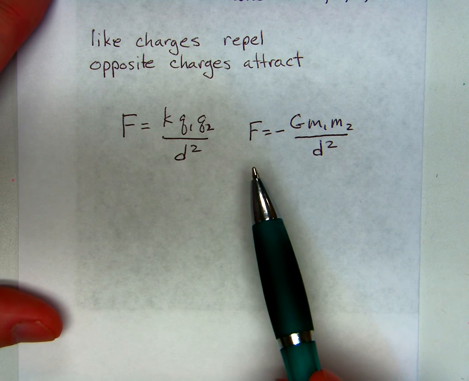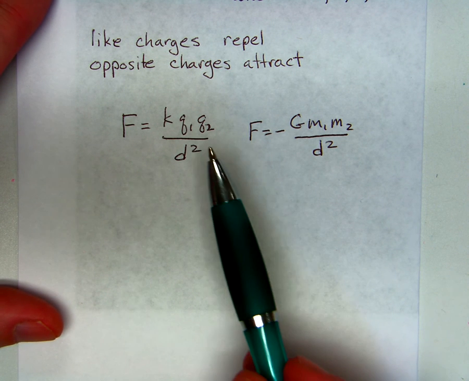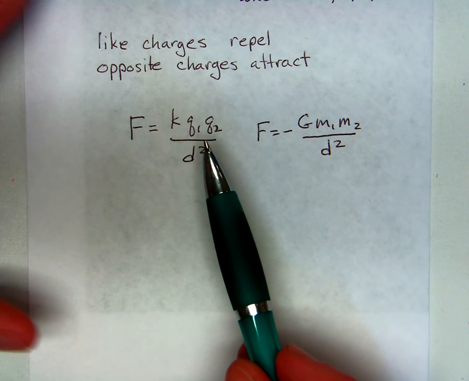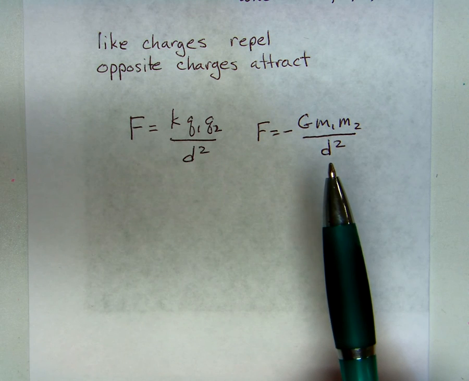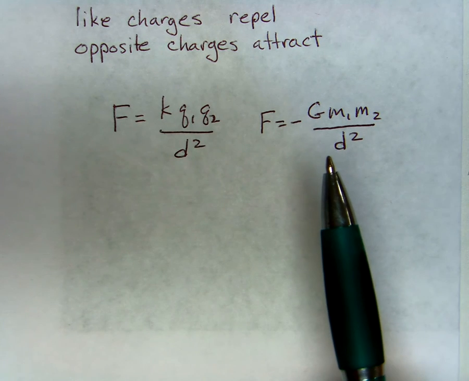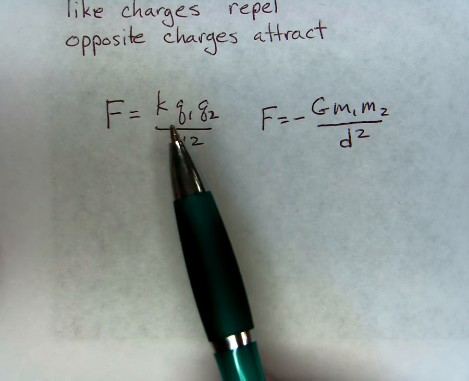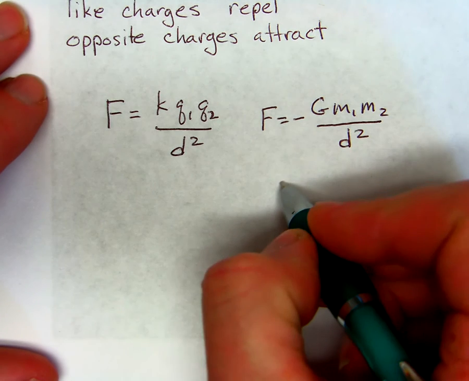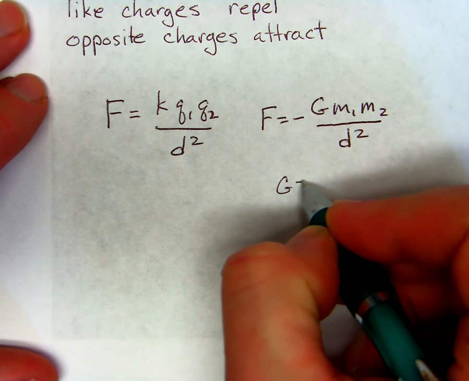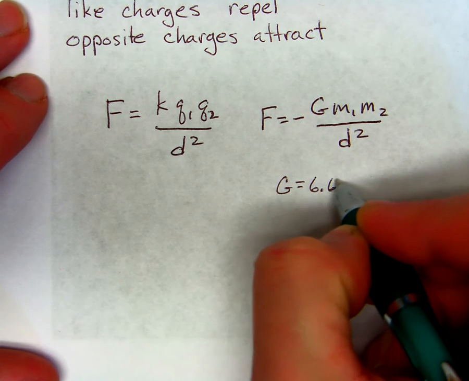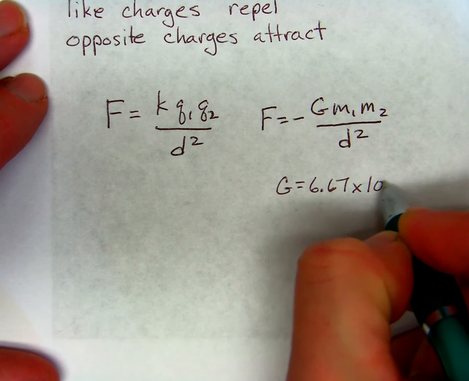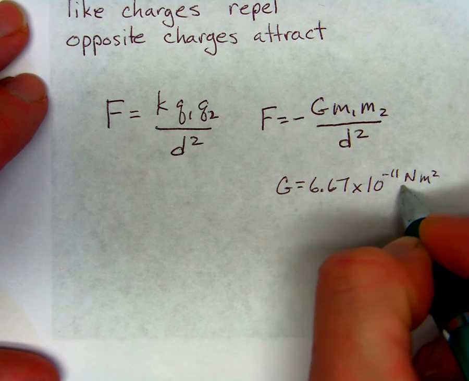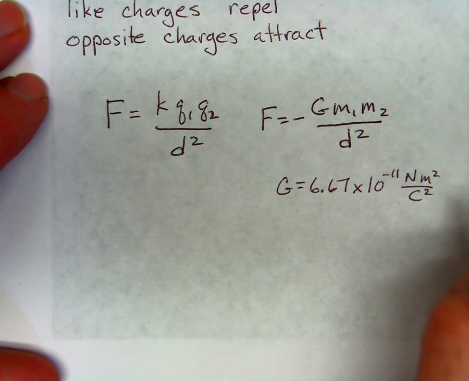So the equations look very similar. The differences are that we've got charges instead of mass, and we also have a different constant out front. Our gravitational constant we gave as 6.67 times 10 to the negative 11th newton meter squared per kilogram squared.